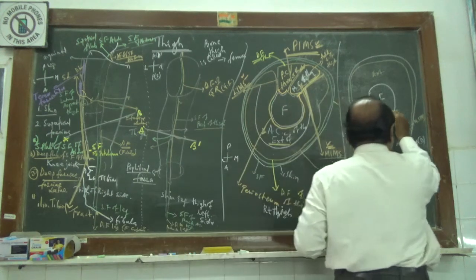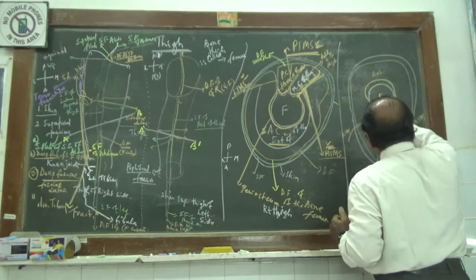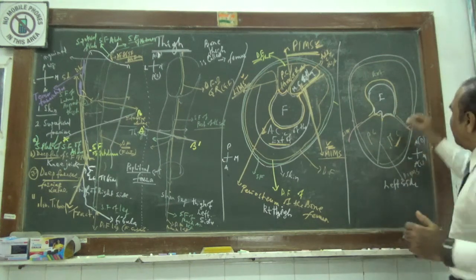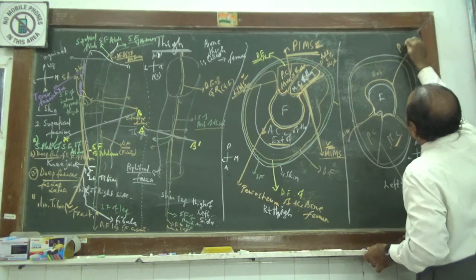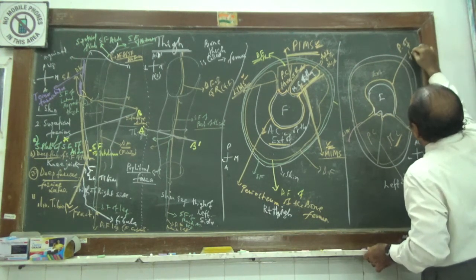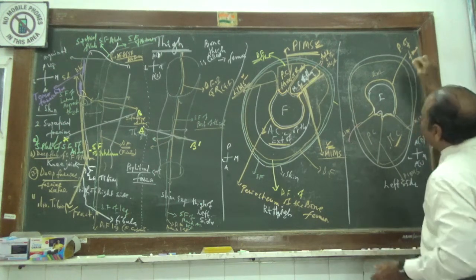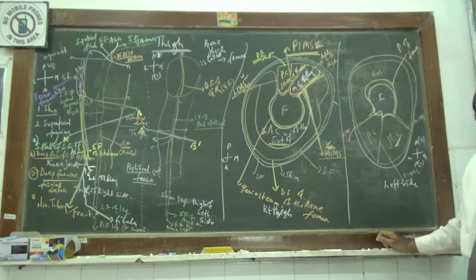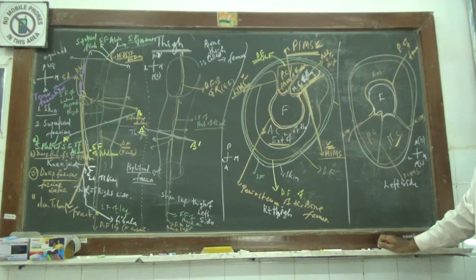So it will be forming like this. This is the periosteum of the femur. So ultimately, what is that periosteum?